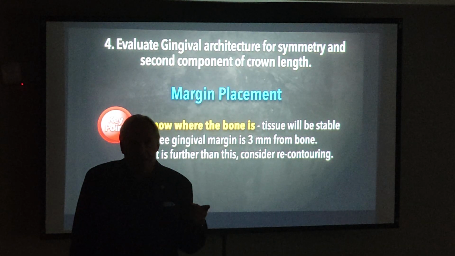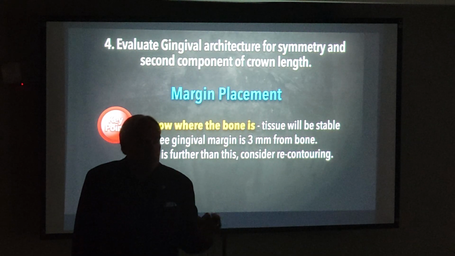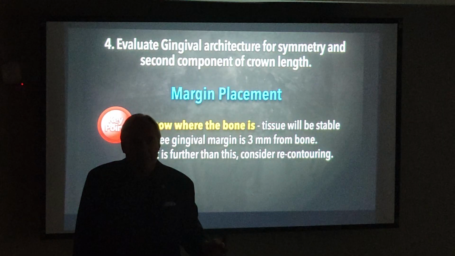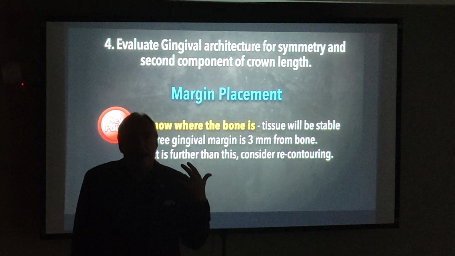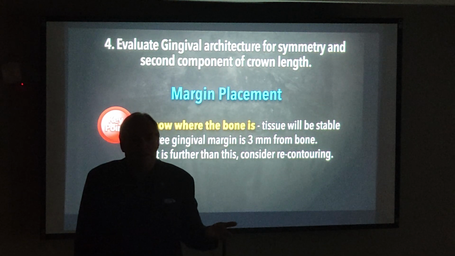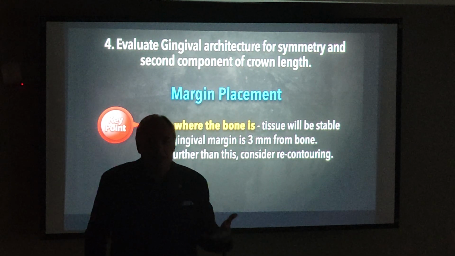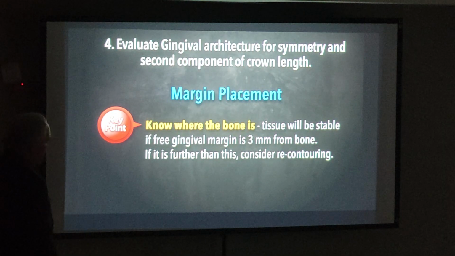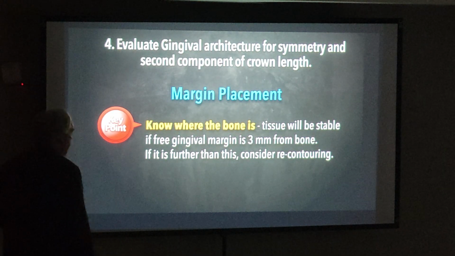And everybody, if we're honest, we've done a crown where you know you were at the tissue or slightly subgingival, patient comes back and you're putting in the crown and now the margin's a millimeter above the gum. And it's usually because we had that low crest type situation.